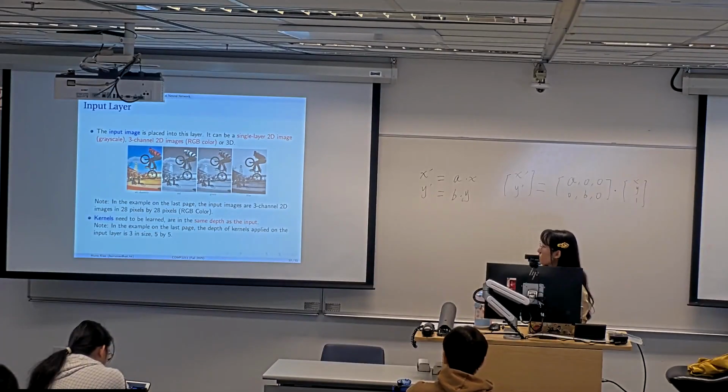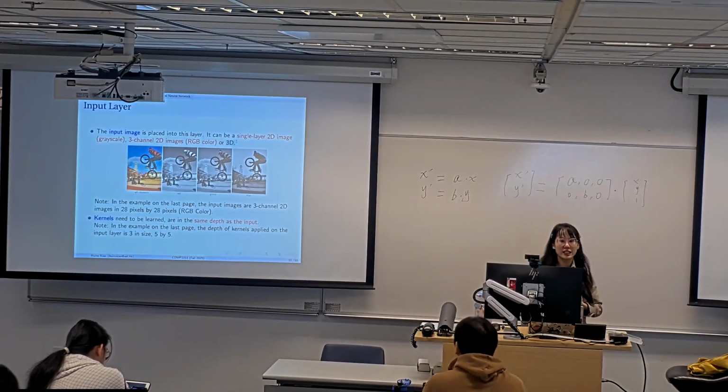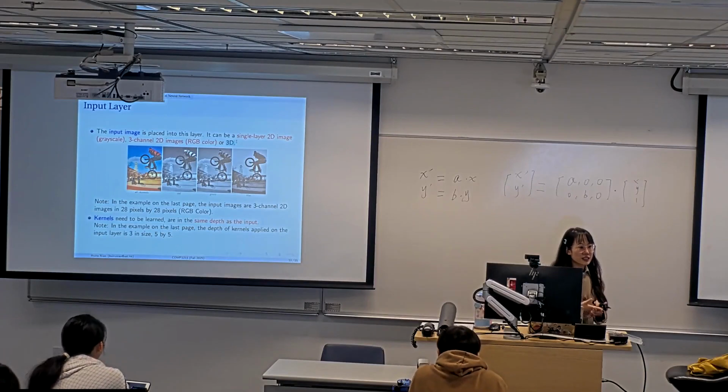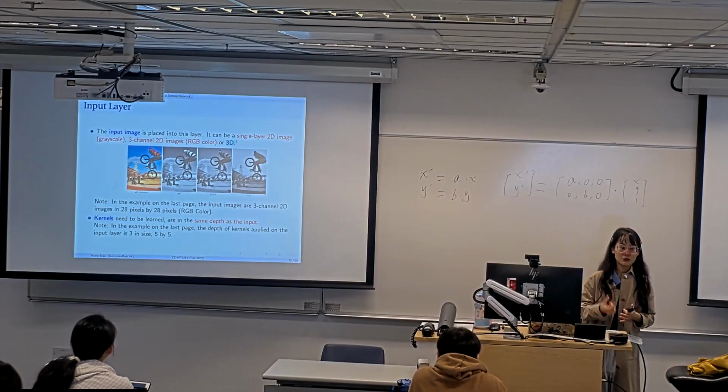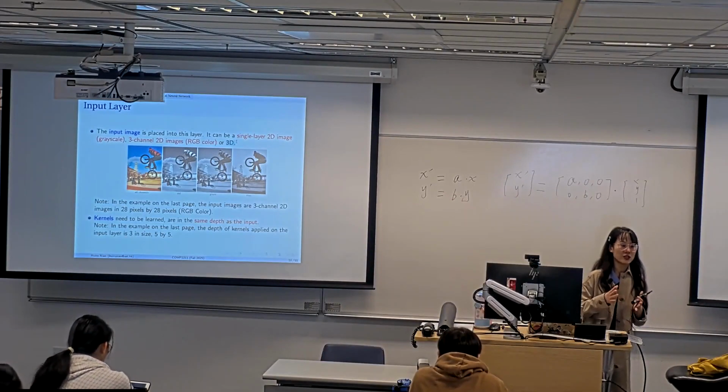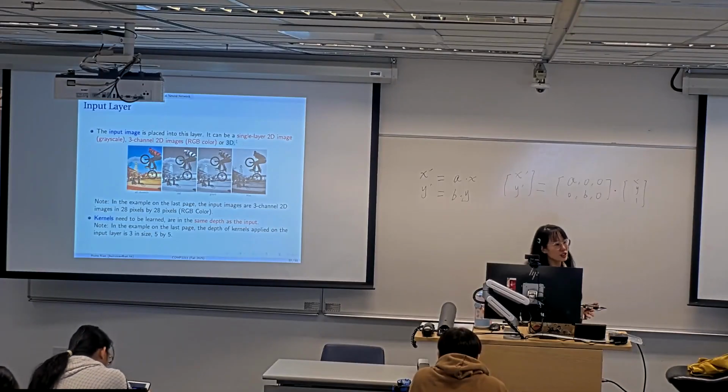It can also be 3D. In what case will it be 3D? If it's 3D, the input is a video. Besides the image information, you also have another dimension representing the frame or the time. So when it's 3D, that means it's video.